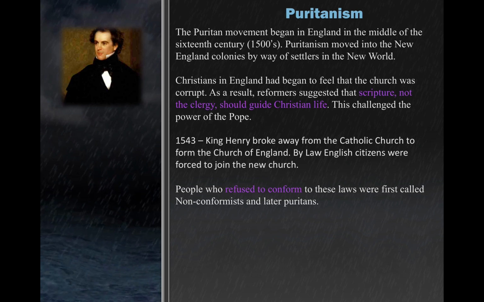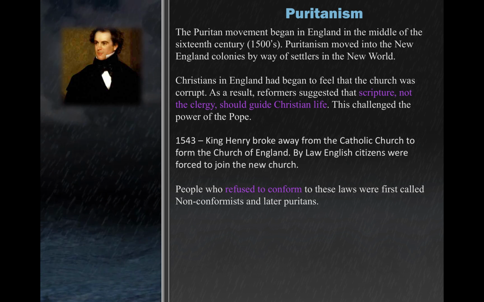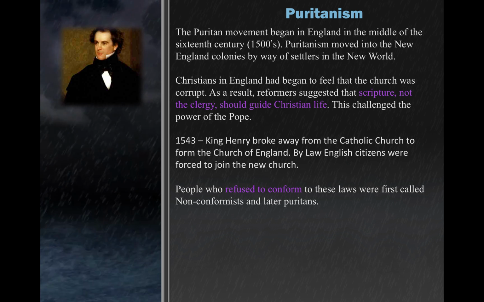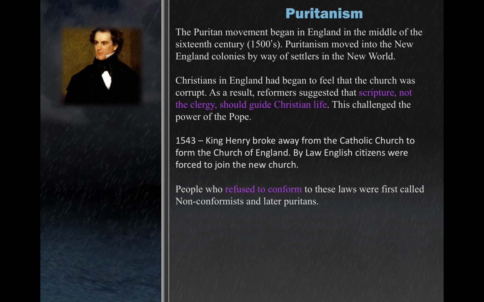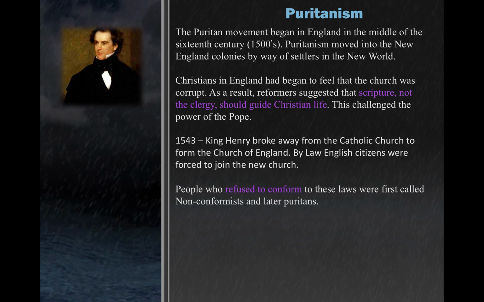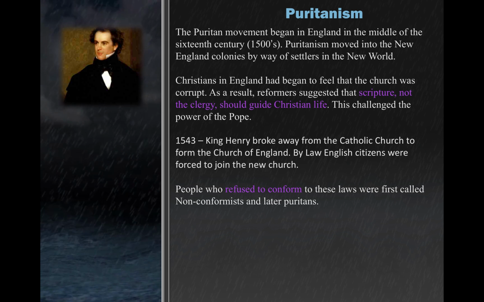The Puritan movement began in England in the 1500s. Puritanism moved into the New England colonies by way of the settlers. Christians in England had begun to feel that the church was corrupt. As a result, reformers suggested that scripture, not the clergy, should guide Christian life. This challenged the power of the Pope.